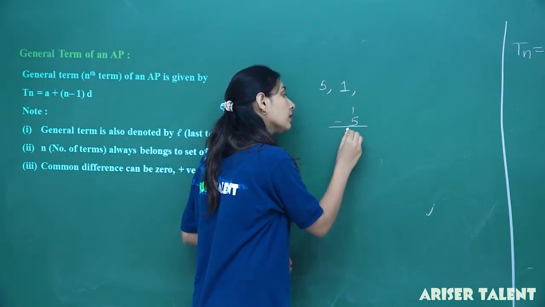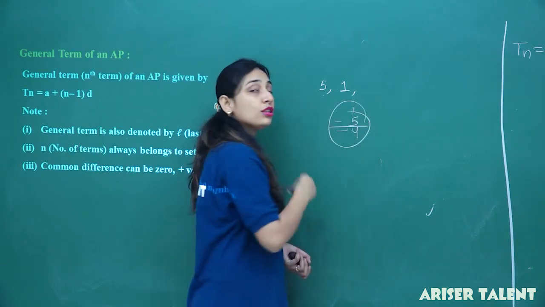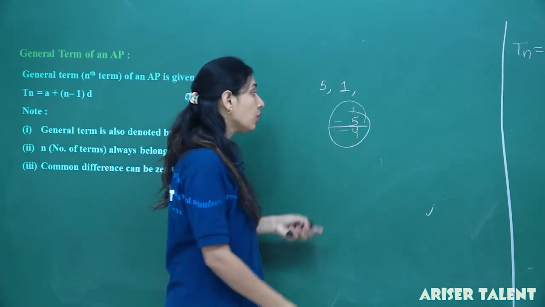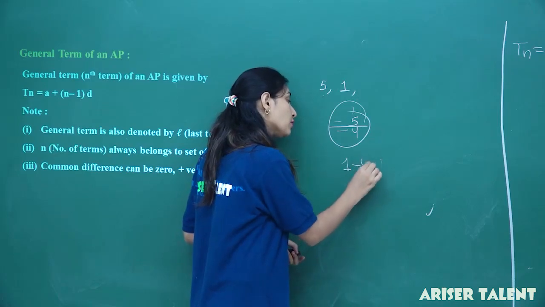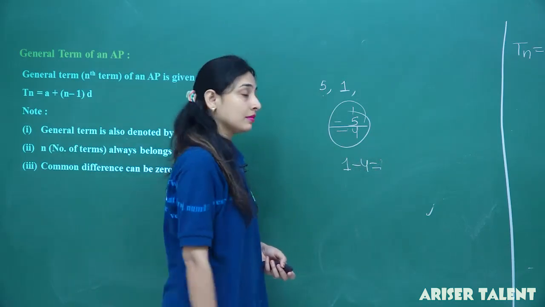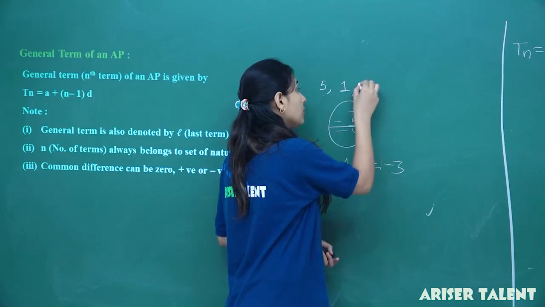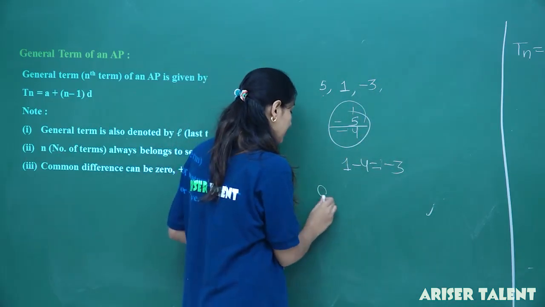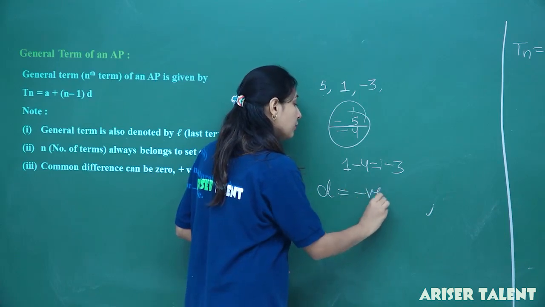It will be minus 4. 5 minus 4 is 1. Now 1 minus 4 is minus 3. So the difference is negative here.